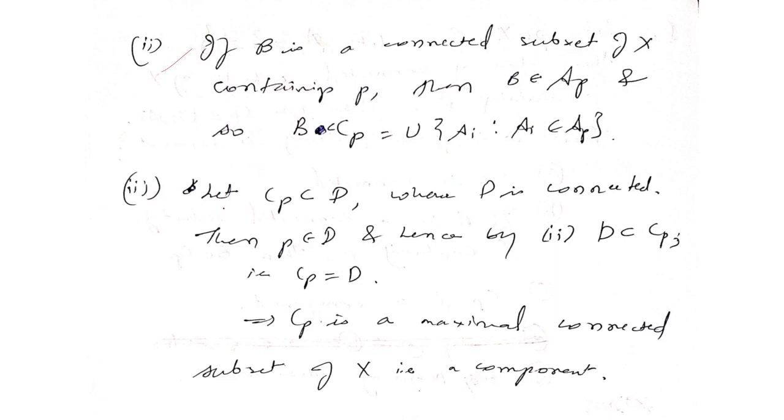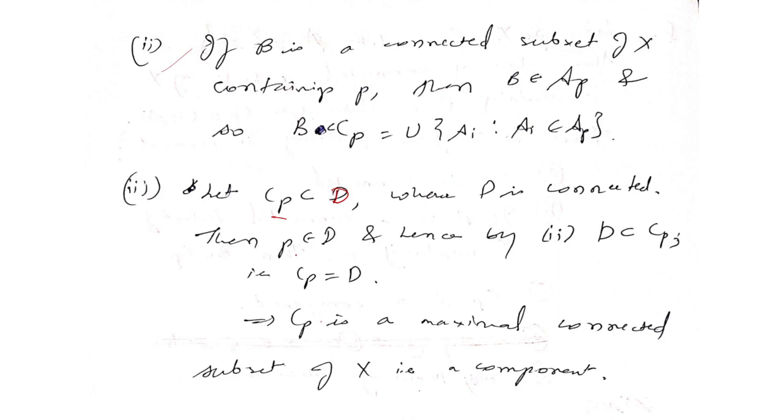Now what about option 3? Let C_p be a subset of D. Let, if possible, it not be a maximal connected set. So there will exist some other subset D, a superset, which is connected.